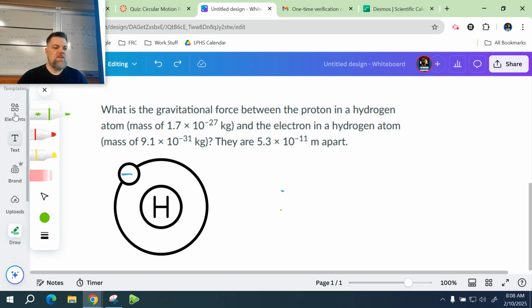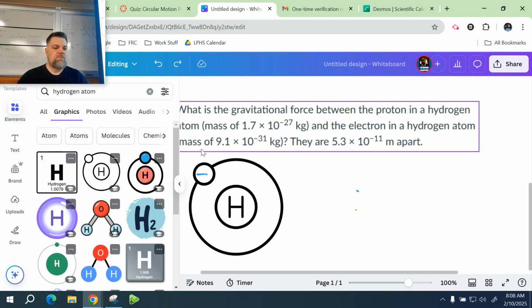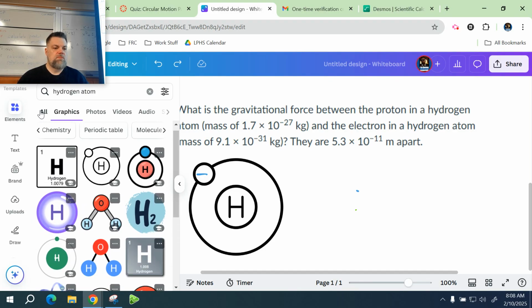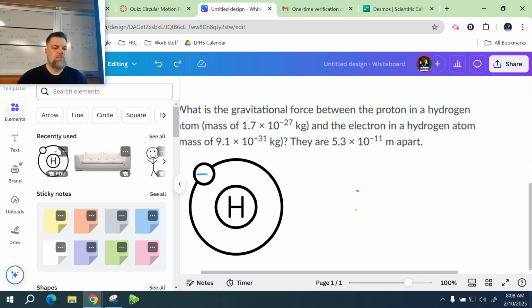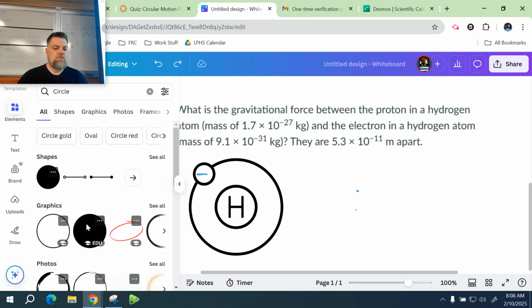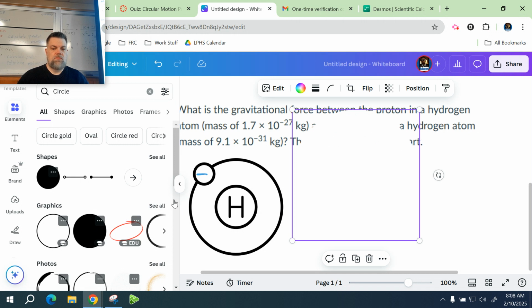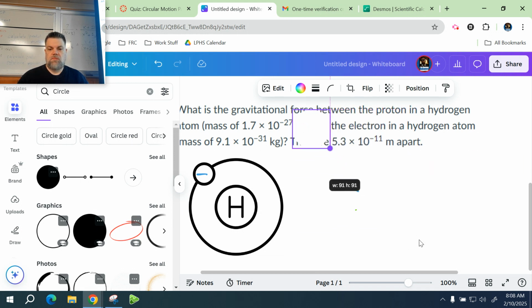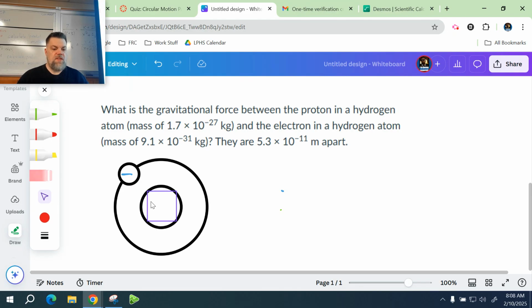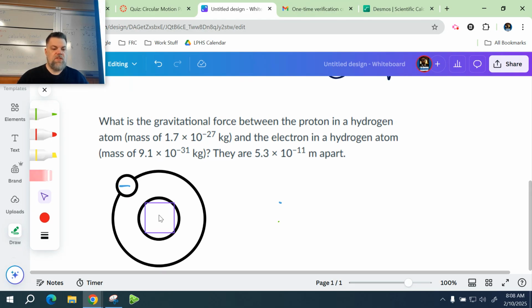Let's do this. All right, so this is a positive charge. This is the proton.